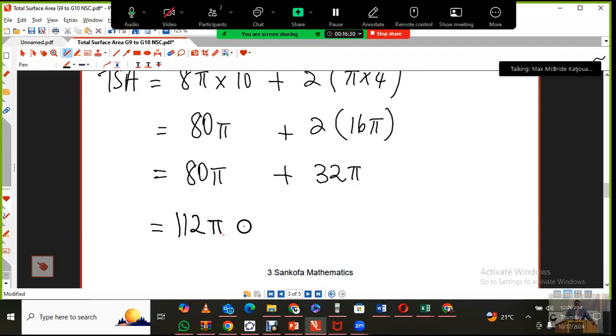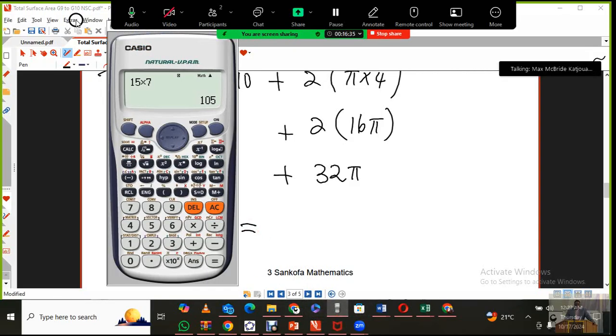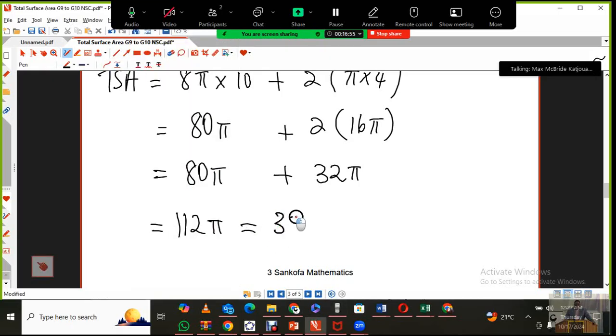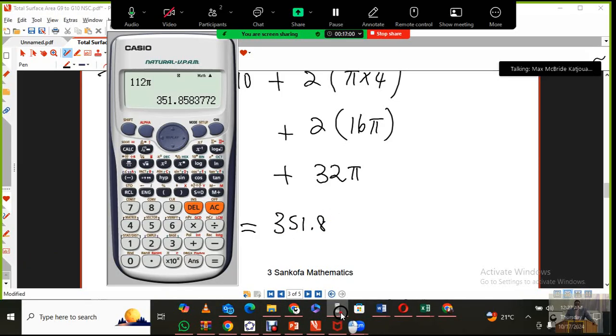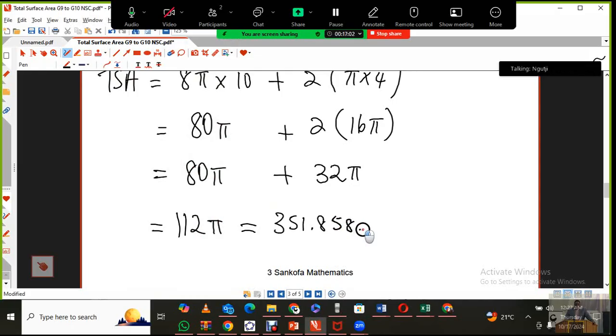Now give me that answer on your calculator, in decimal form. 80 plus 32 is 112 pi. If you press equal to and change it from fraction to decimal form, it's 351.85, and so on.